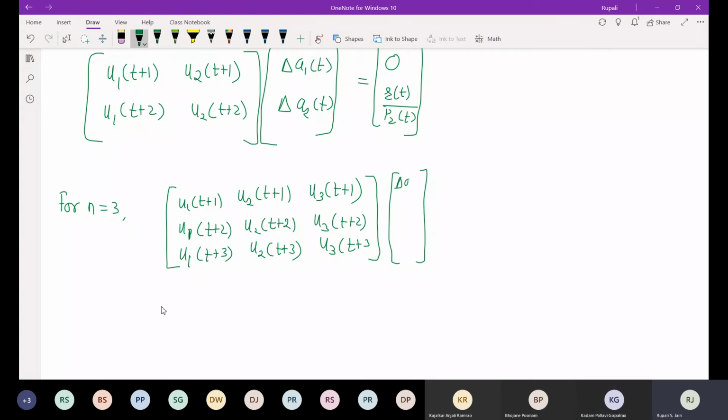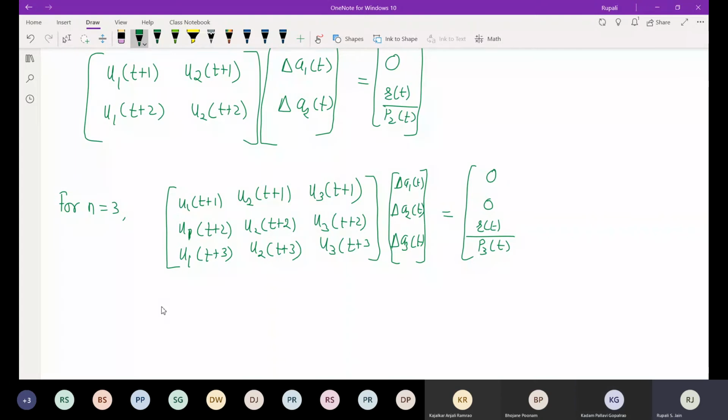multiplied by delta A1(t), delta A2(t), delta A3(t), is equal to, we will have the first two as 0, 0, and the last one will be r(t) divided by P3(t).